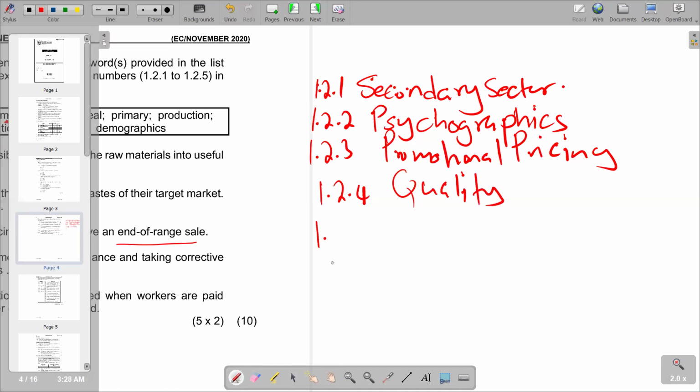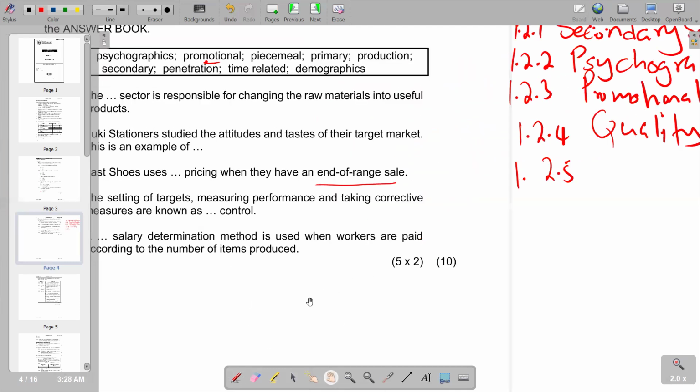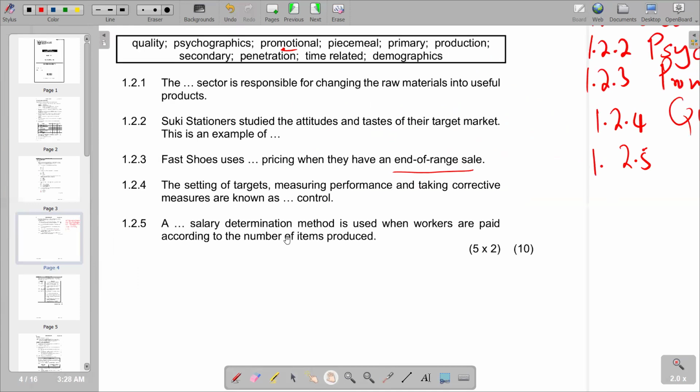Then obviously we have 1.2.5, which says a dash salary determination method is used when workers are paid according to the number of items produced. We know that this is the piece rate system, when we pay workers according to the quantity that they produced.